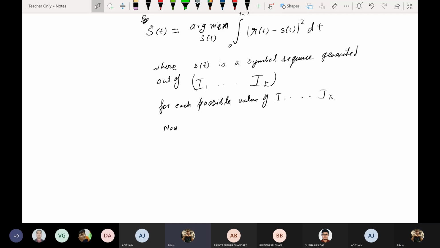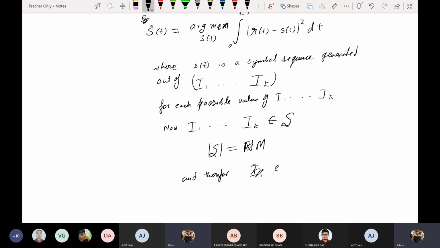Now I1 to Ik, say M, and therefore each of I1 to Ik can take M possible values.